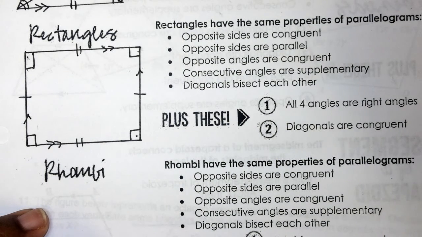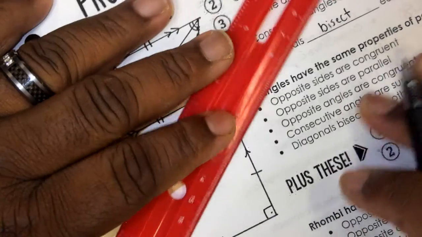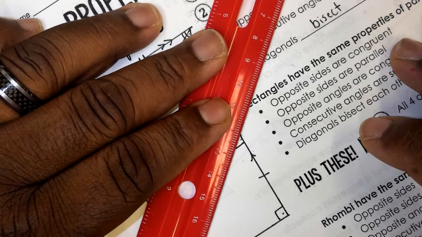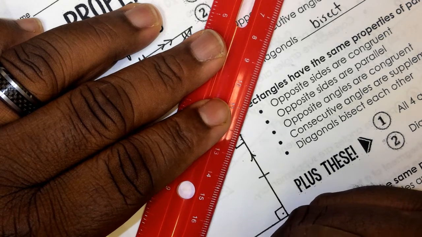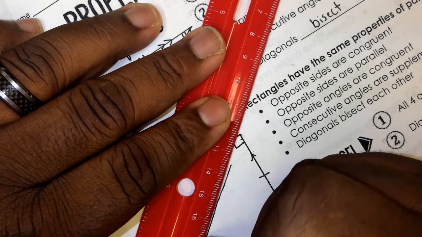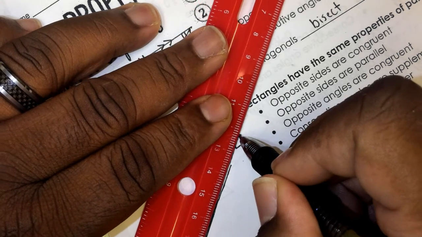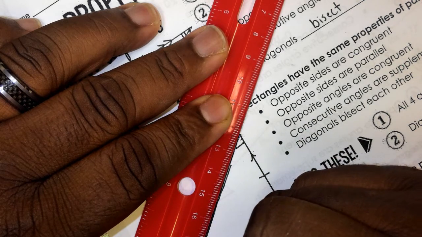So consecutive angles are supplementary, and then diagonals bisect each other. So if I draw my diagonals in, I almost missed. Hold on. Try that again. I was doing so good today.